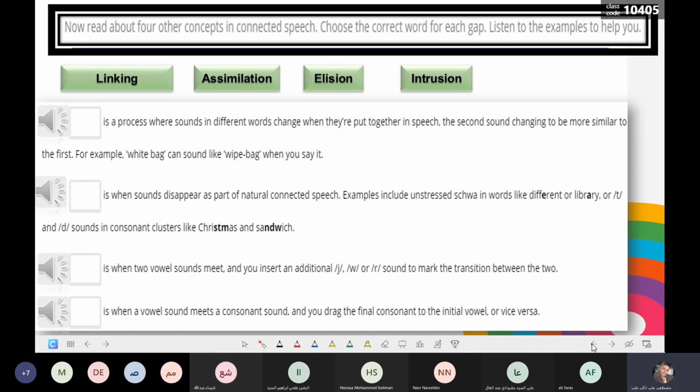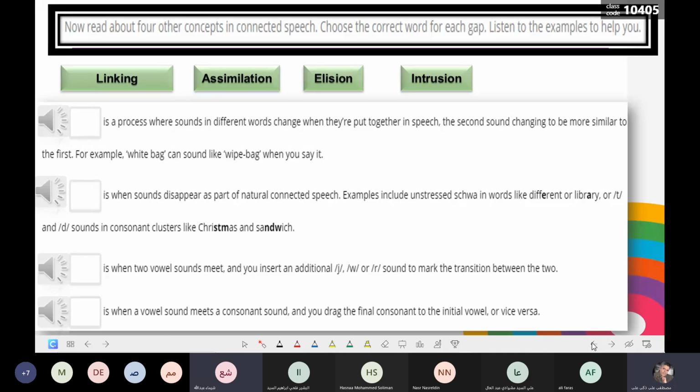Have you heard him saying good game? When we connect these two words together, we don't say good game, we say good game. The first D sound is omitted.